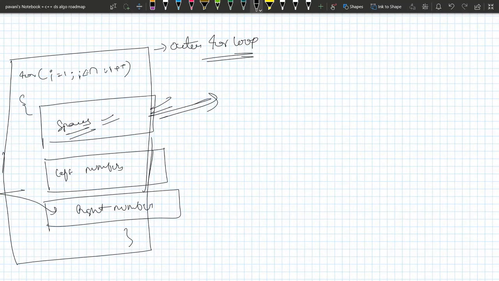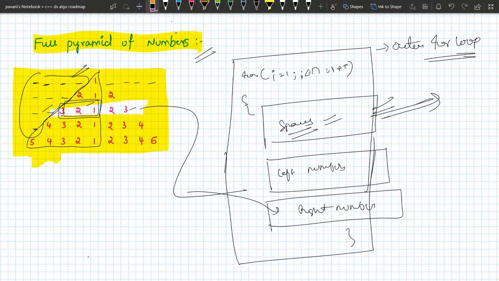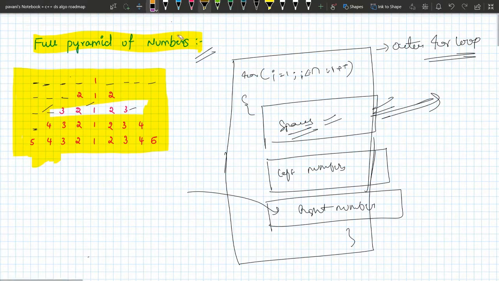What is the space logic in the first iteration? For i value 1, how many spaces are printed? There are 4 spaces.